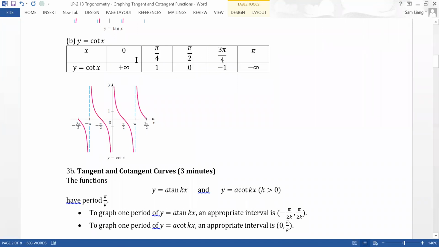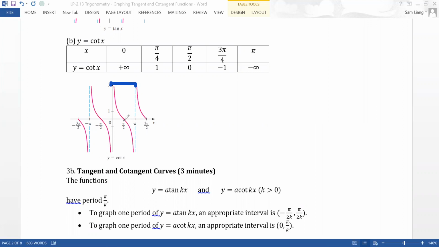As you can see from this middle, this is the branch that we're graphing. And as you can see, it goes down. Tangent ascends, while cotangent is a descending graph. So going from left to right, it's a decreasing graph overall.